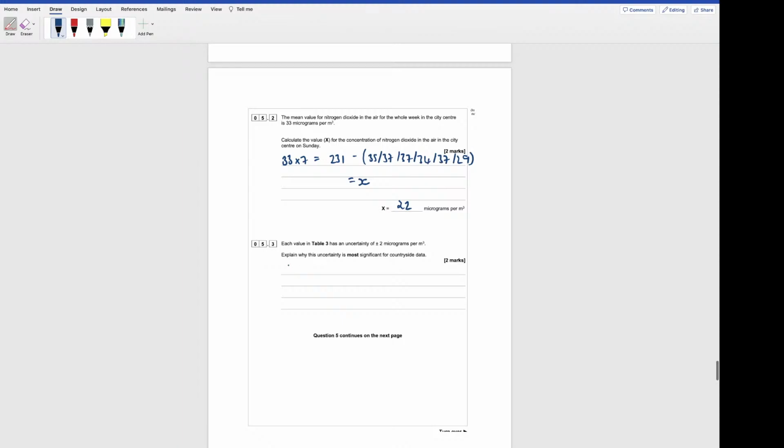So why is it more significant? Values for the countryside are smaller. Any change will be significant.